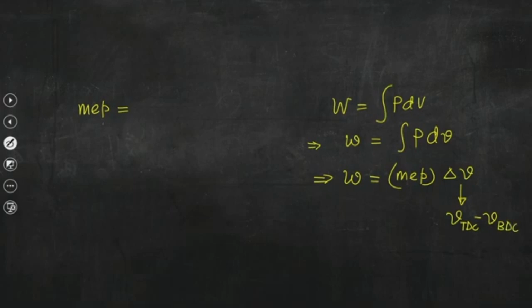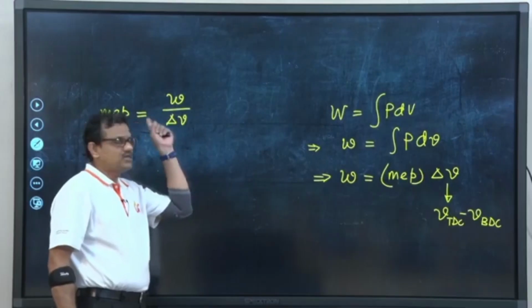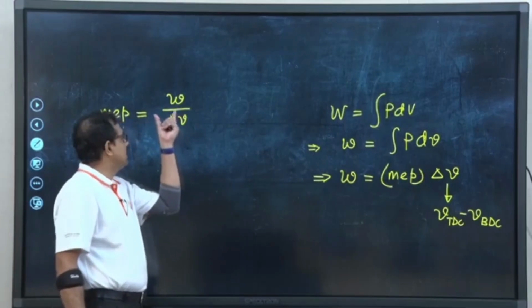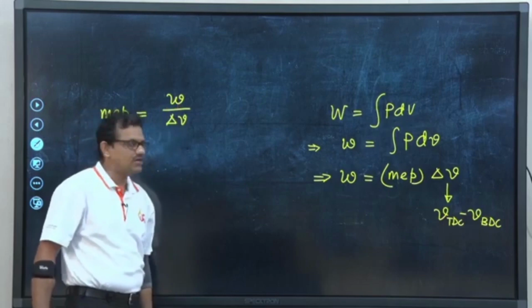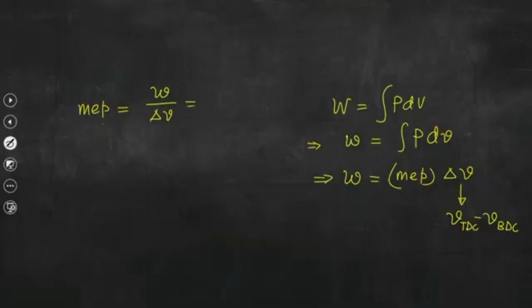So, that is the change in volume. Okay. So, what we can write from this, mean effective pressure is equal to W divided by delta V. Now, it is not mandatory that we should always write this quantity in terms of specific quantities. We also can write like this, W by V d. So, this V d is the displacement volume.